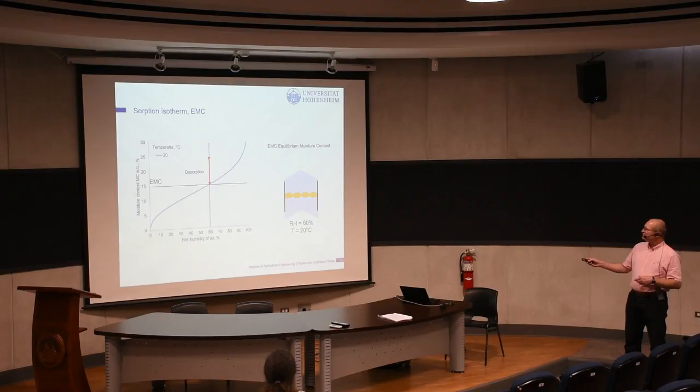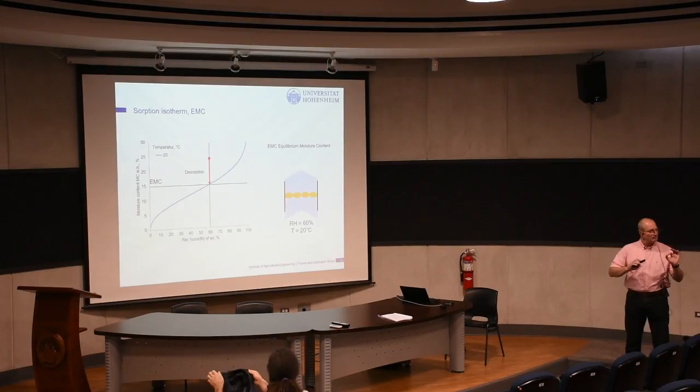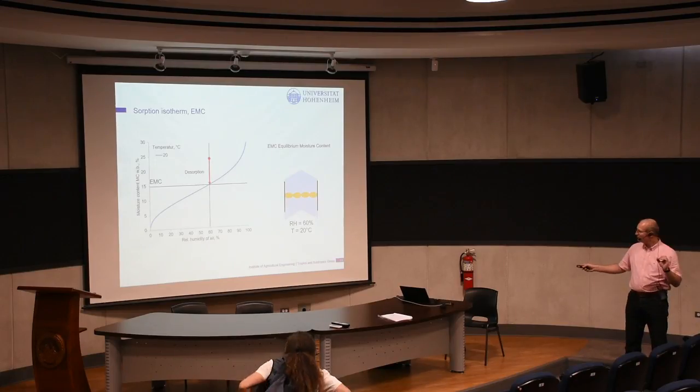So if our product has a higher moisture content, typically when coming from the field, then we have here desorption. Going down to this point and then it remains. There is equilibrium. You cannot dry deeper down the cereal with this air. Not possible. Stops here.